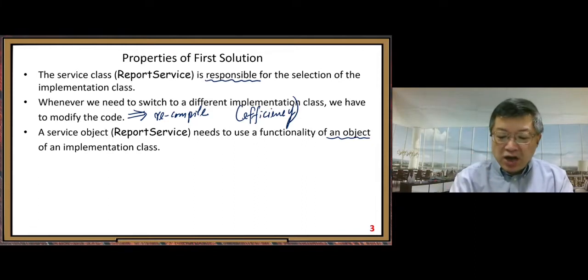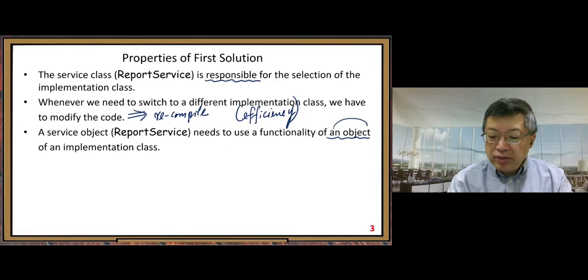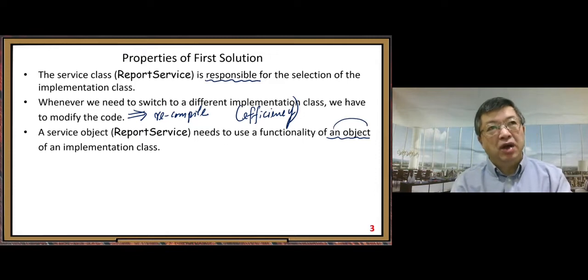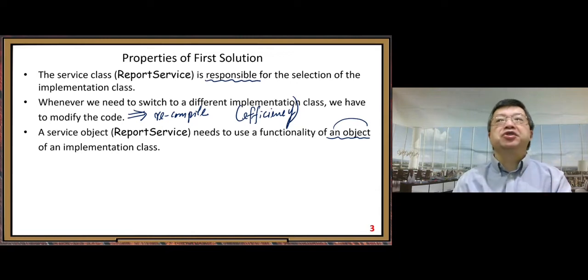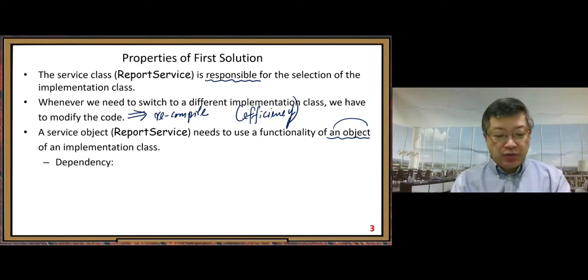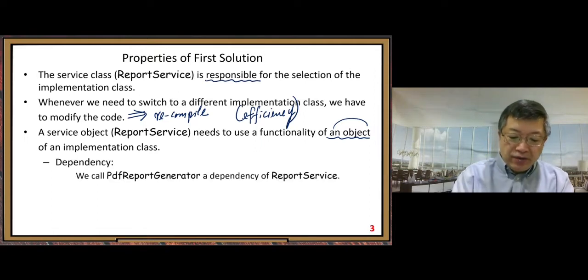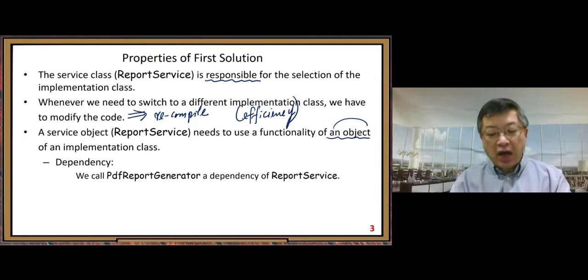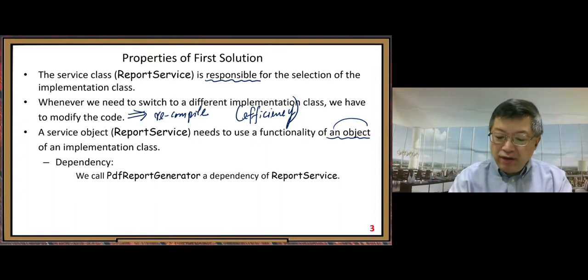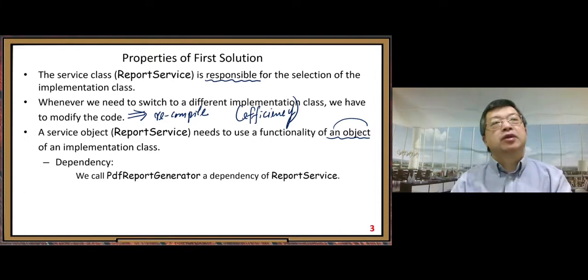The service class and this implementation class object have a special relationship, which we call dependency. So we just call this a dependency relationship. Then we call this implementation class a dependency of the business service class.